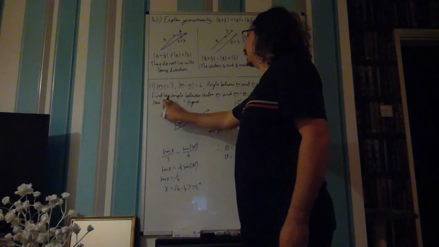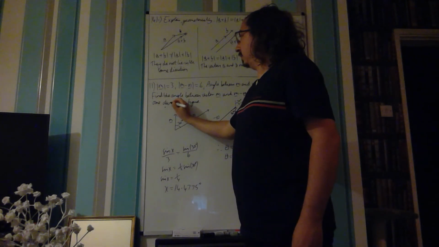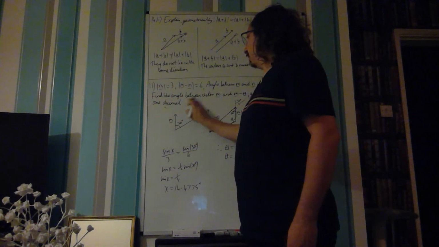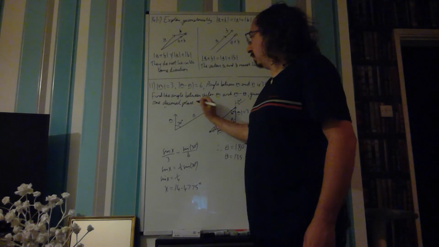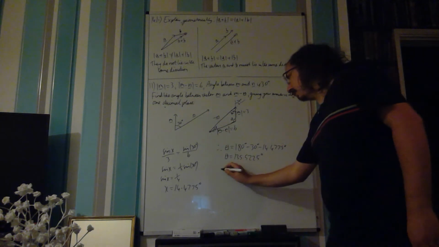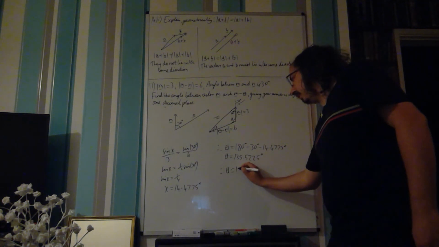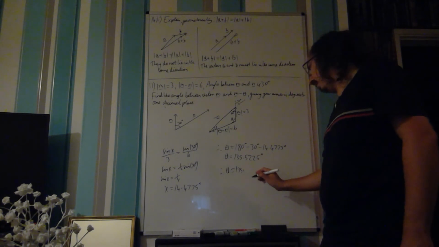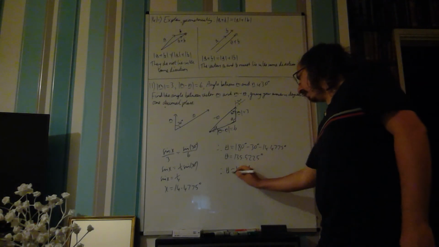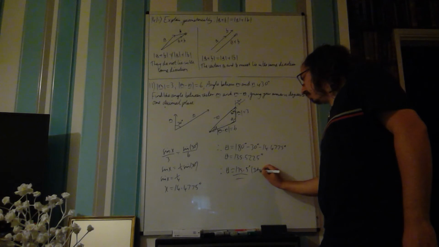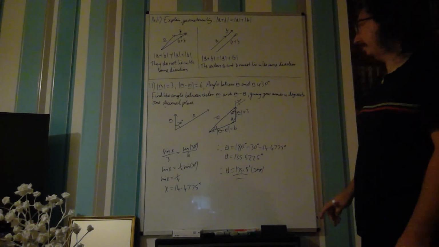We can then look at the accuracy that they want, which should be 1 decimal place. So to 1 decimal place, theta is 135.5 degrees to 1 decimal place.